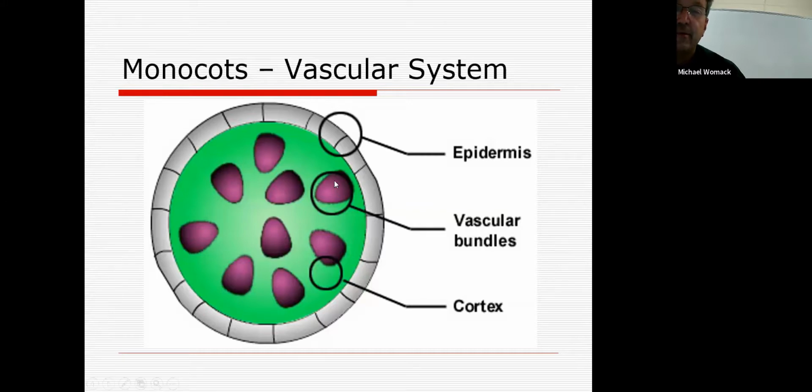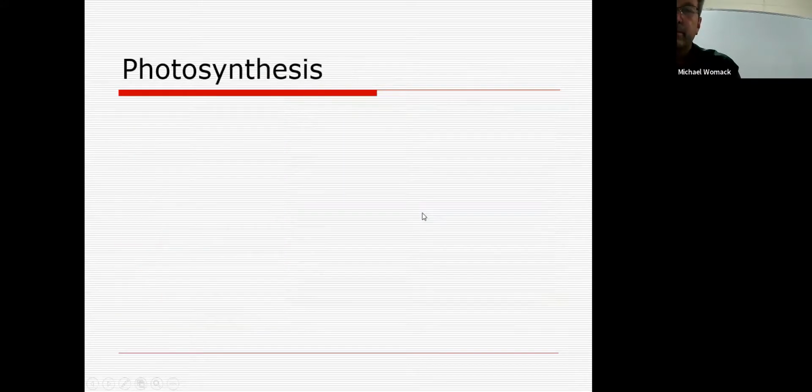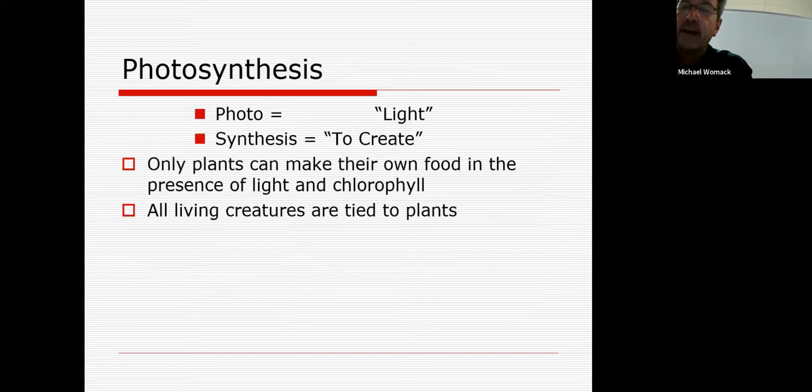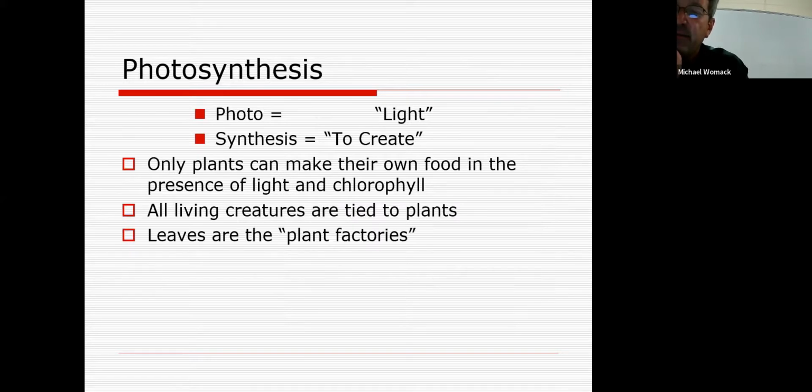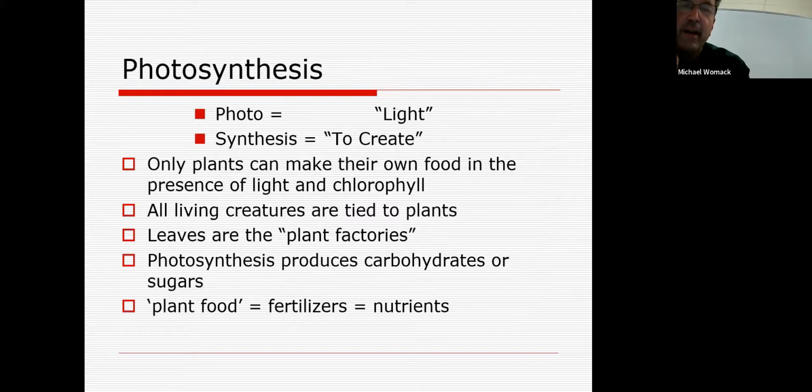Each of these has xylem and phloem in it, and they're scattered throughout, versus a dicot that has the ring. So you have a ring of xylem to the inside, a ring of phloem to the outside. And then we were talking about photosynthesis, and the rest of it should all make sense. That's what we talked about. And now we're moving into the picture of the leaf. So is everyone caught up?